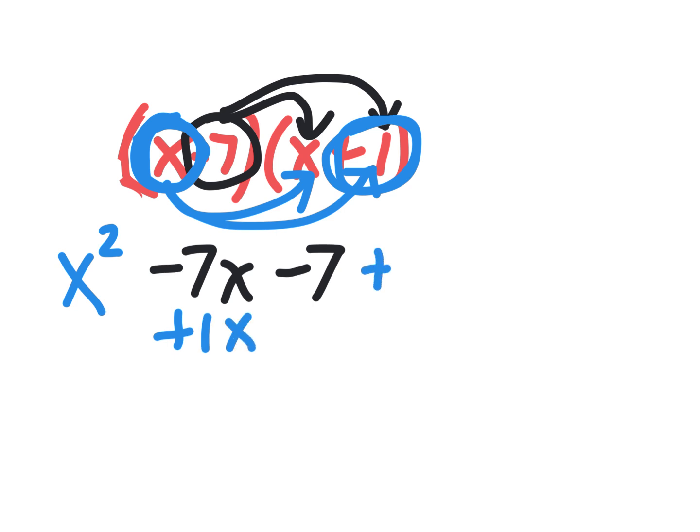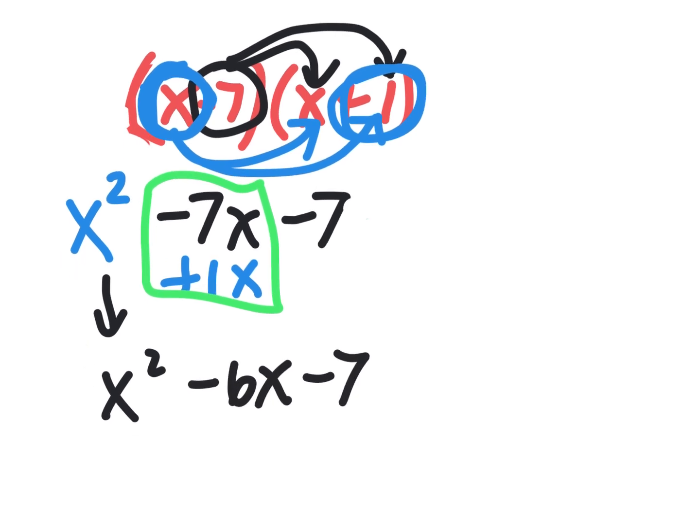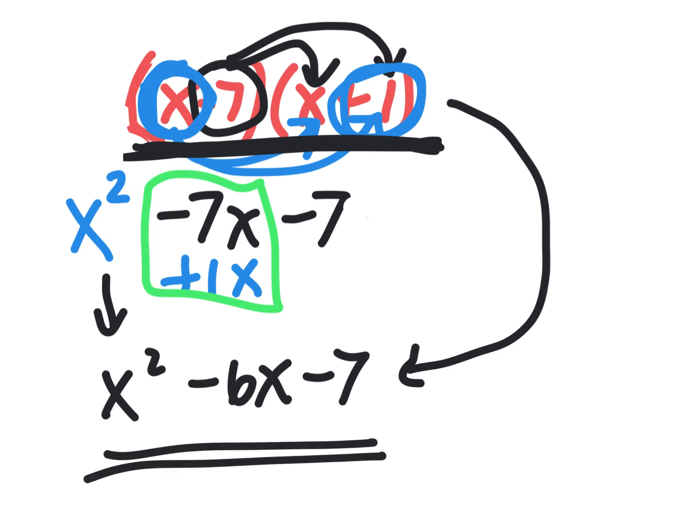You could put it here if you really want, but if I put it right next to this -7, then it reminds me that I got to put these guys together because those are like terms. Final answer, x squared for this, minus 6x minus 7. That multiplied out to that. This was in what's called factored form, and this one is called standard form.